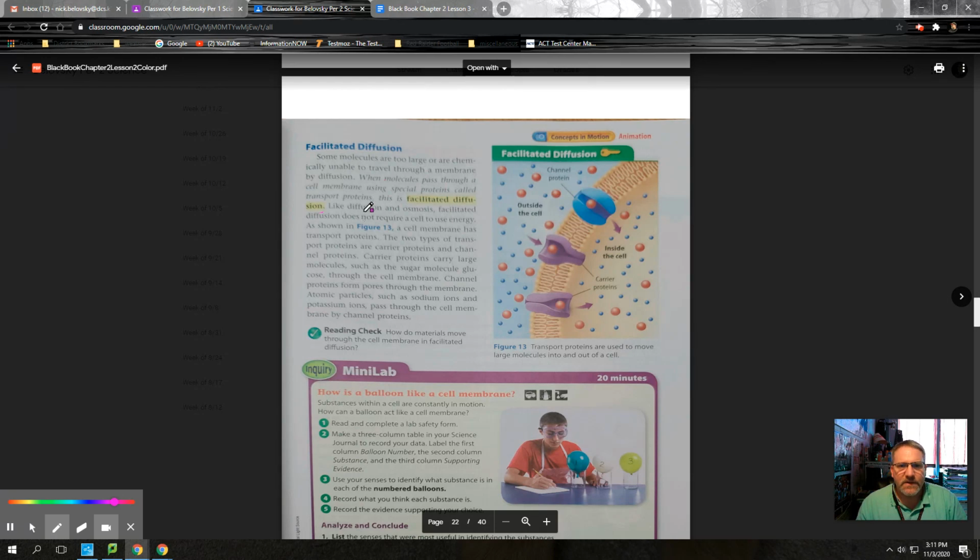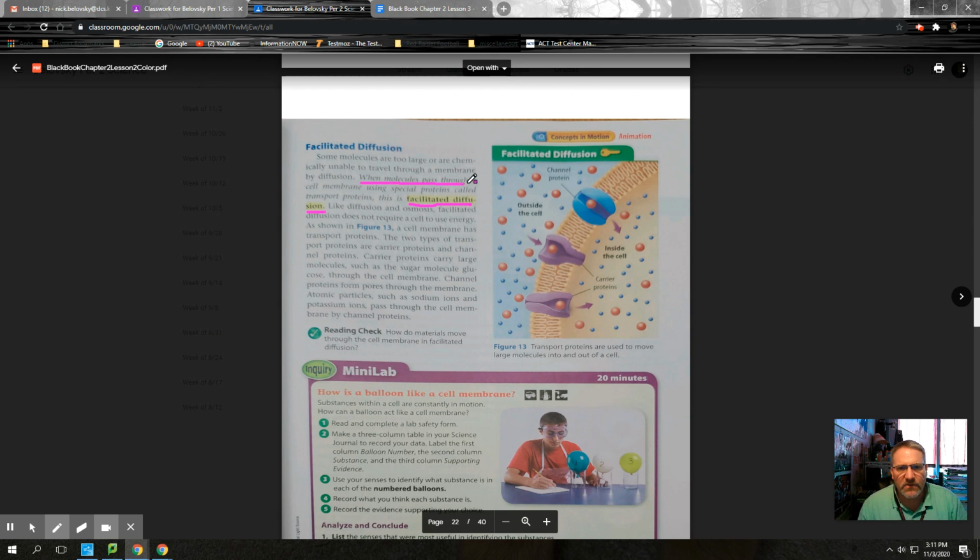Let's write that again. Facilitated diffusion: when molecules pass through a cell membrane using special proteins called transport proteins.